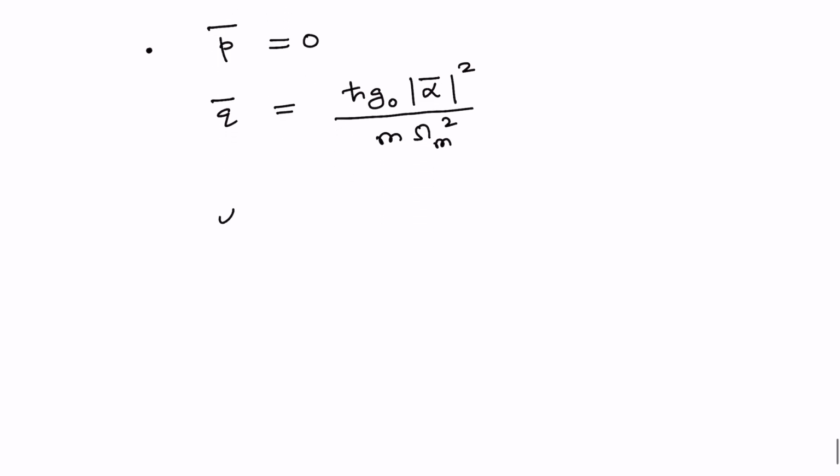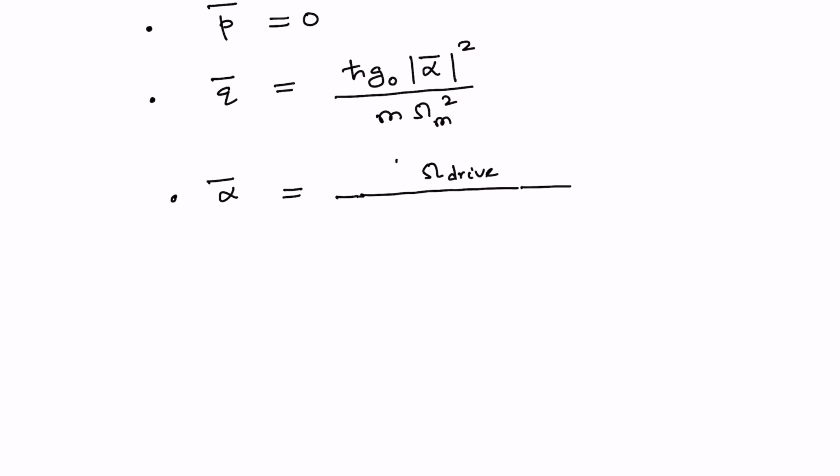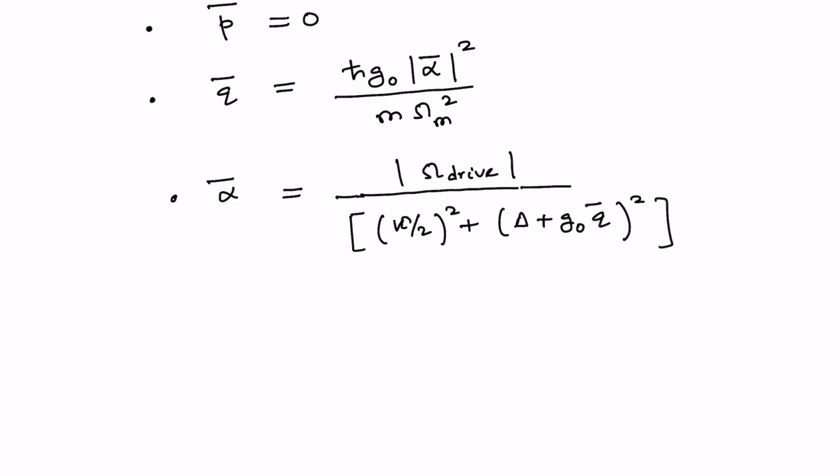And alpha bar is equal to omega drive, taking it as a real quantity by putting the mod, divided by the square root of kappa by 2 whole square plus delta plus z0 q bar whole square.